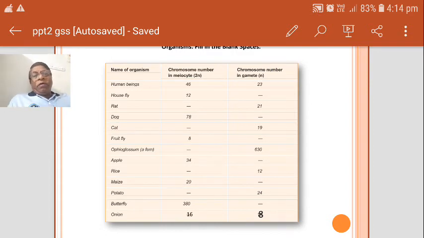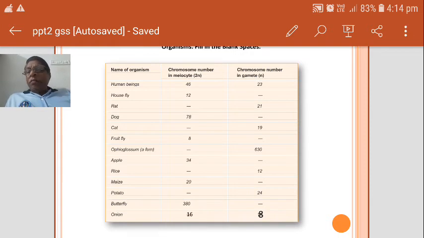Now we shall examine one by one. Say for example, what is the chromosome number in meiocyte of human being or Homo sapiens? In Homo sapiens, the diploid number is 46. When meiosis takes place, the gametes contain half the number of meiocyte, that is 23.